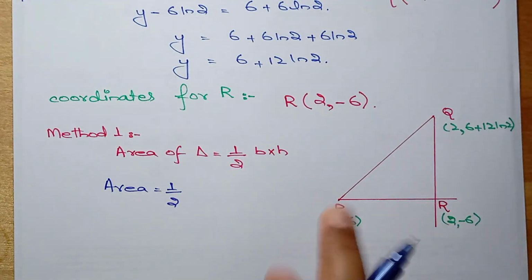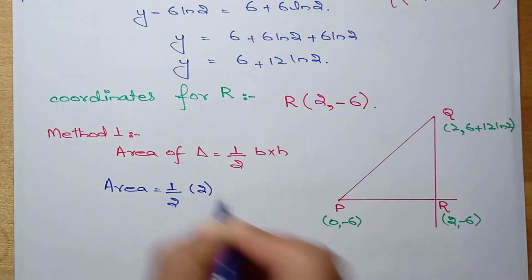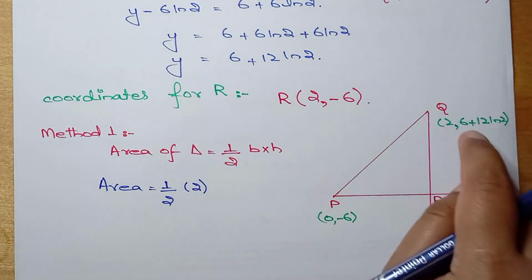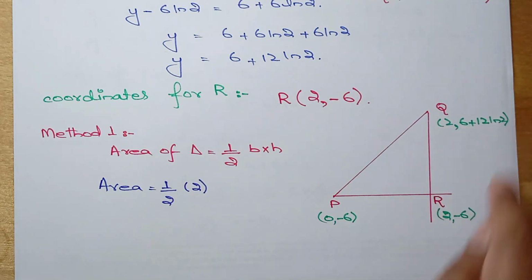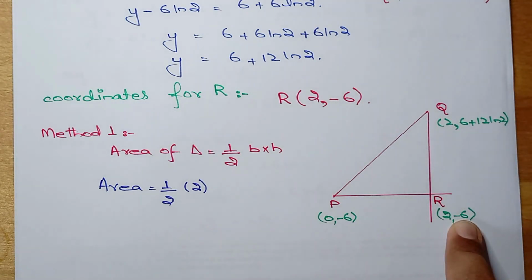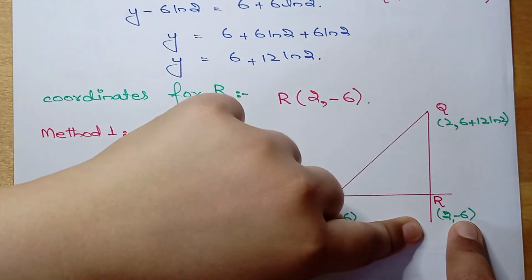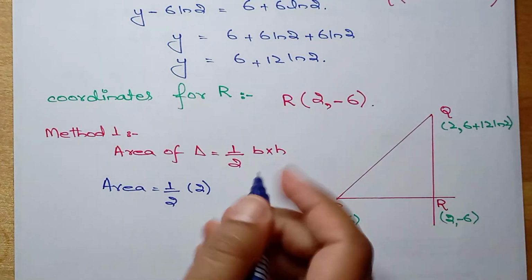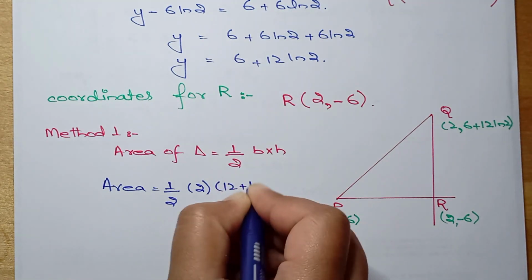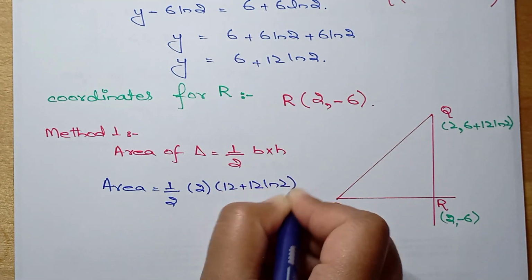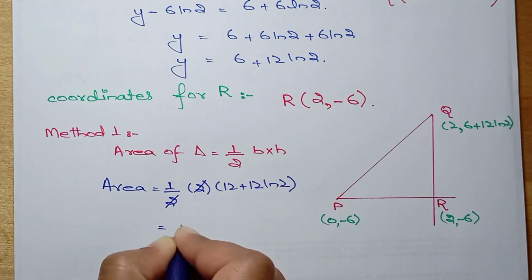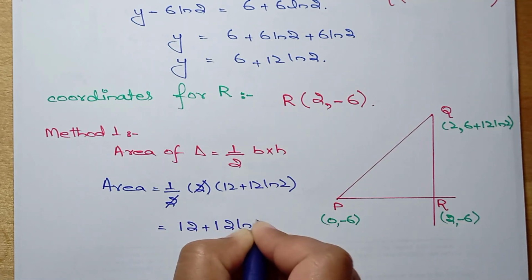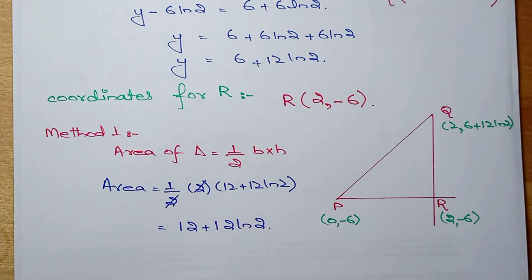So 2 minus 0 is 2. And what is the height? Height is basically dealing with the y coordinate. Here the y coordinate is 6 plus 12 ln 2, and here we have -6. So this point minus this point. 6 plus 12 ln 2 minus -6 would be 12 plus 12 ln 2. We can cancel the 2 and we are just left with 12 plus 12 ln 2. So this is the answer for the area of the triangle PQR.